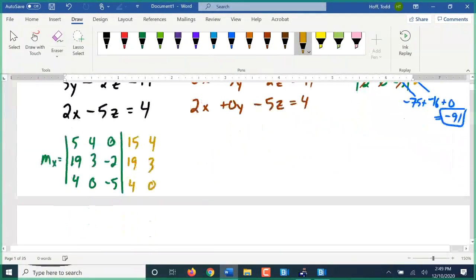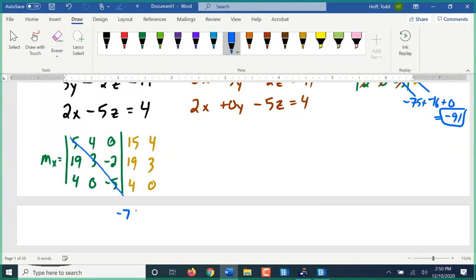And we'll do our diagonals. Well, 5 times 3 is 15, times negative 5 is a negative 75. 4 times negative 2 is a negative 8, times 4 is a negative 32. And 0 times 19 times 0 is 0. That's actually a negative 108. Or 107, sorry. Negative 107.